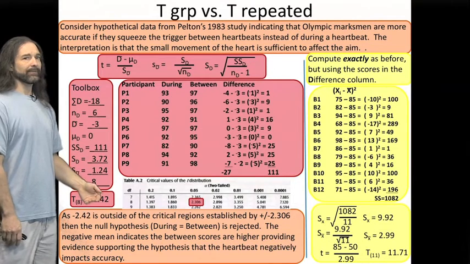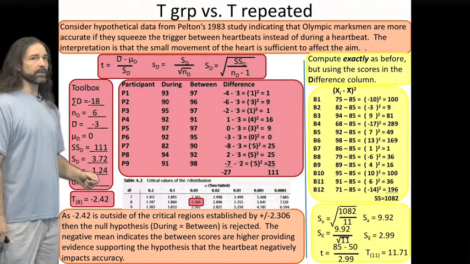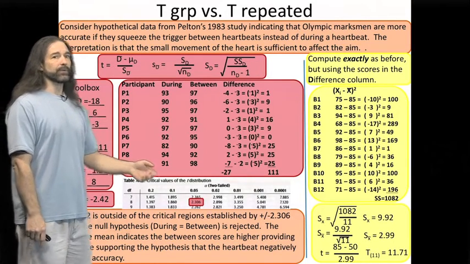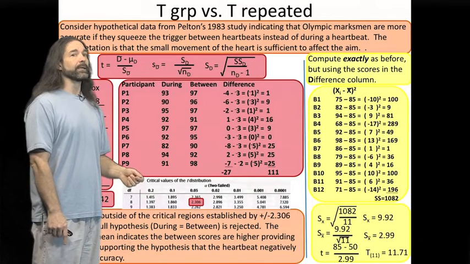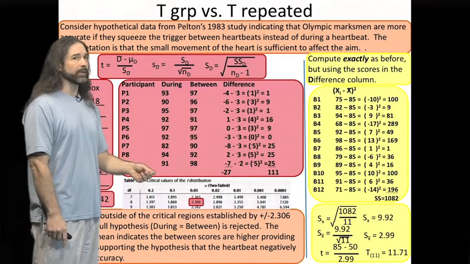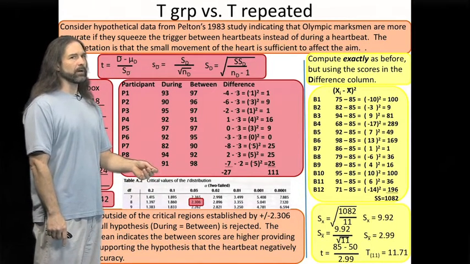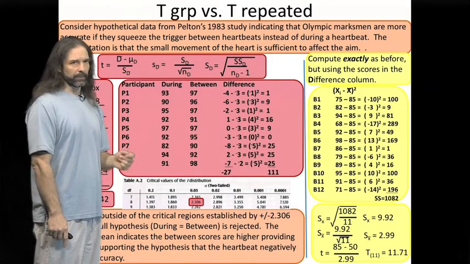But because we have a significant t-value, this indicates there is a difference. And when we go back to the original values, we have higher values in the between, meaning that the marksmen were more accurate when they pulled the trigger between heartbeats than during heartbeats.